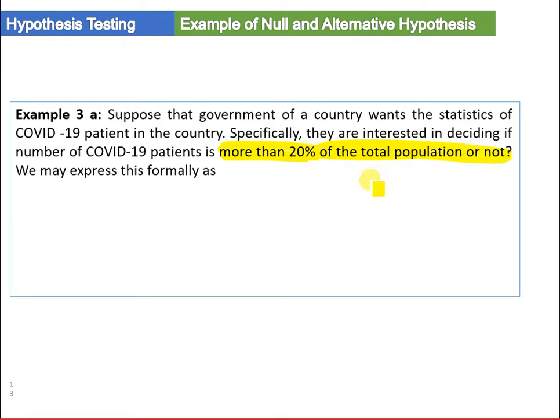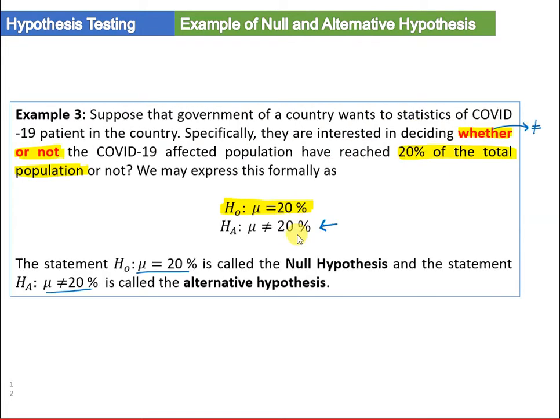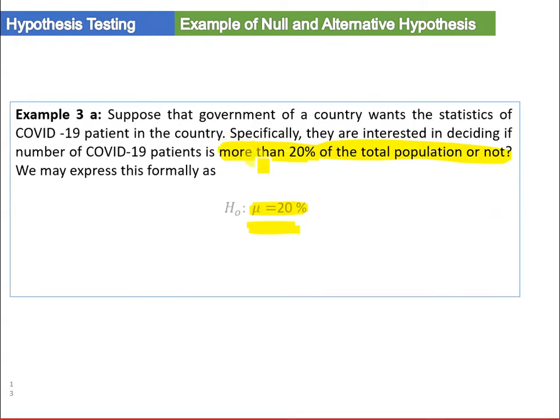So we express it here like this: first we say that mu is equal to 20. This is the null hypothesis, and the alternative hypothesis will be more than. See, in the previous example, it was 'whether or not', so we got the type not equal to. In this case, it's 'more than or not', so we used greater than.